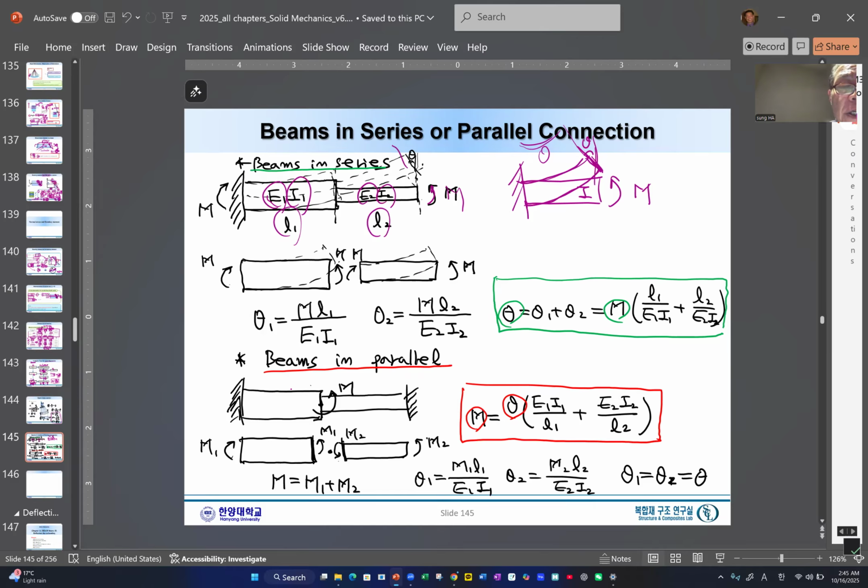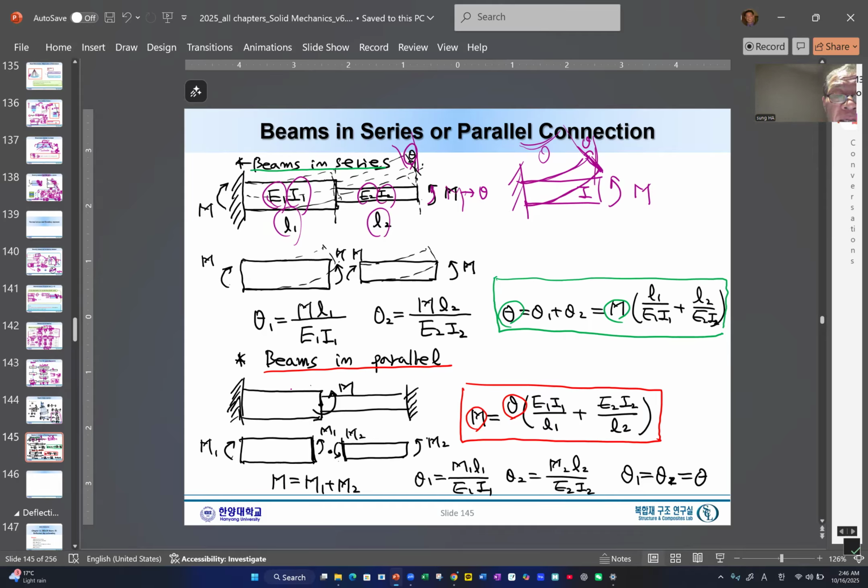Now the question is: how much will deform? How much will rotate? So when we apply the moment, what will be the theta? This is the one we would like to derive. Well, it looks a little bit complicated, but relatively very simple.